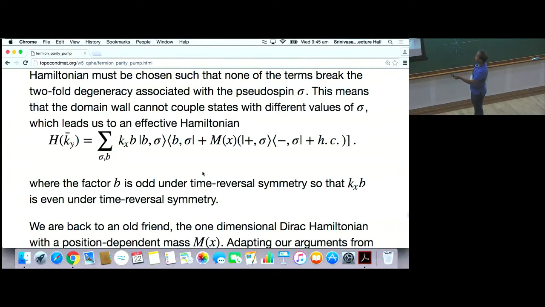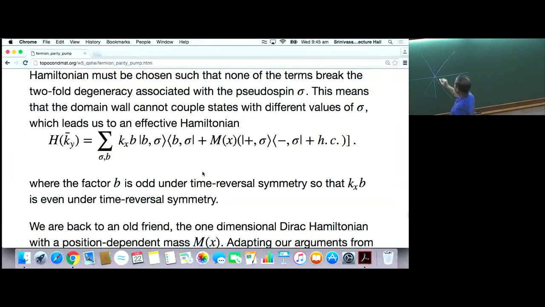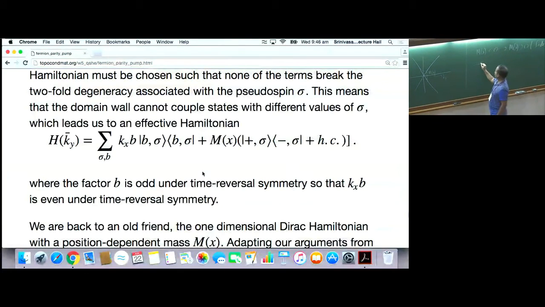So I have these linear modes along kx, and then I open a gap, which is m of x, and whenever m of x changes sign, this was the index theorem, I get a zero mode at the boundary. Okay? So I would get a zero energy mode at the boundary.